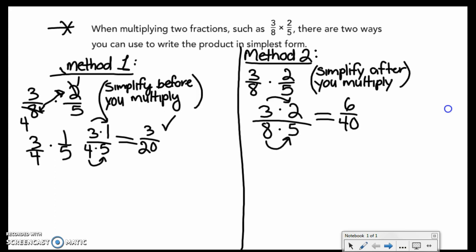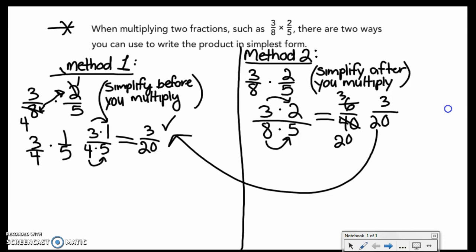Looking at this fraction, I can tell that 6 and 40 have a common factor. The common factor would be 2, because 2 can go into 6 3 times, and 2 can go into 40 20 times. You see how we got the same product on both sides?